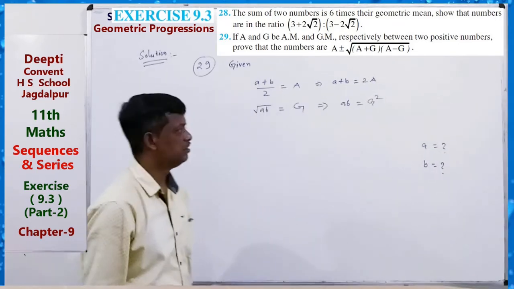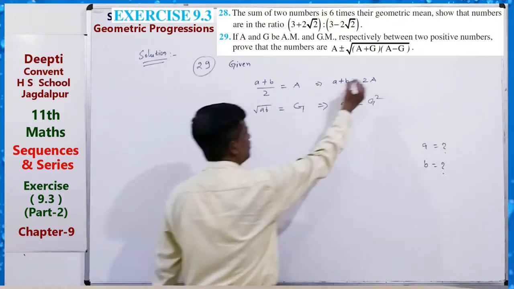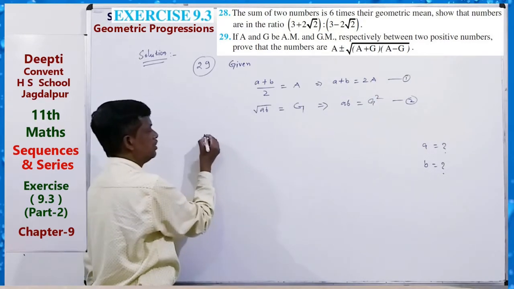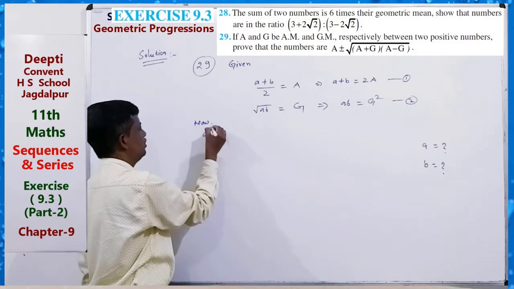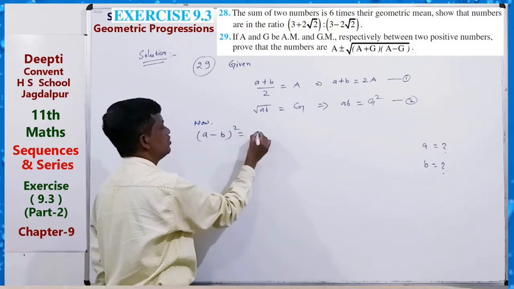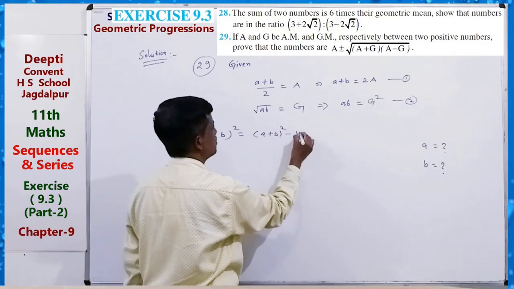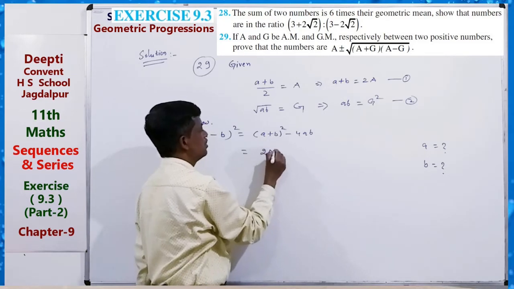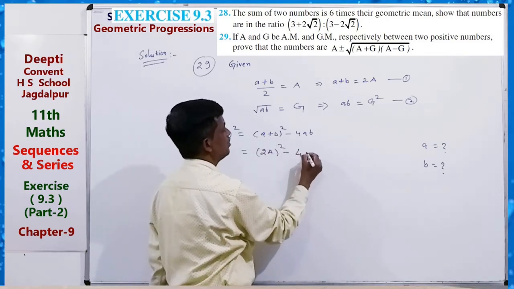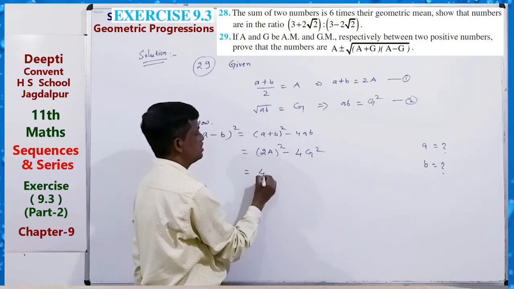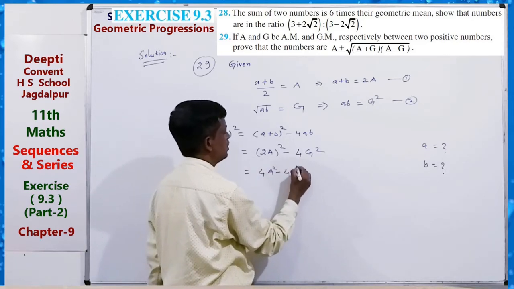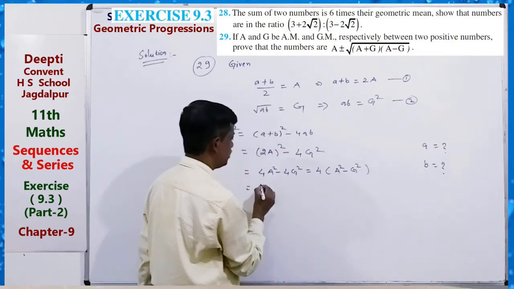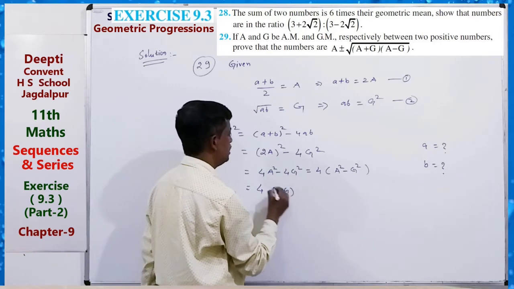We can find them, very simple. a plus b equals 2A. Now a minus b whole square equals a plus b whole square minus 4ab. So a plus b whole square is 4A square minus 4G square, which equals 4 times A square minus G square. That is 4 times A plus G and A minus G.